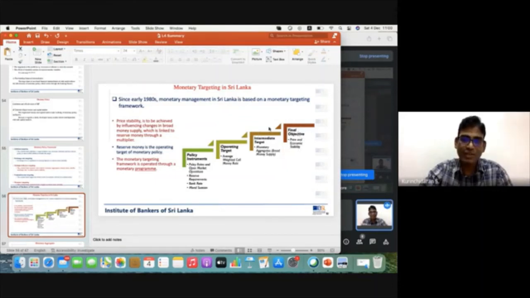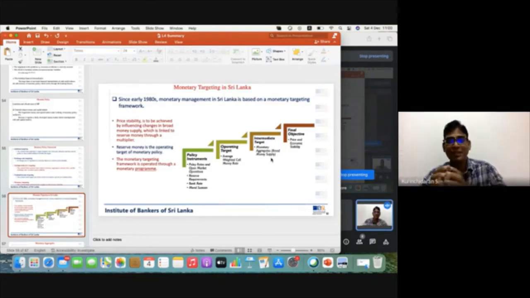So the central bank fixes an intermediate target, that is the monetary aggregate, broad money supply. So what should be the broad money supply to achieve the final objective of price stability? Clear? So then money supply is the intermediary target.